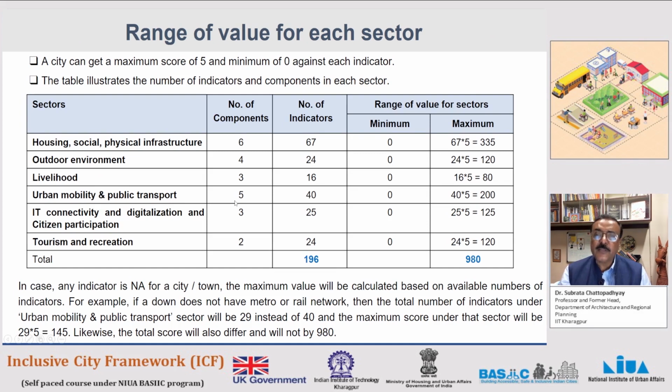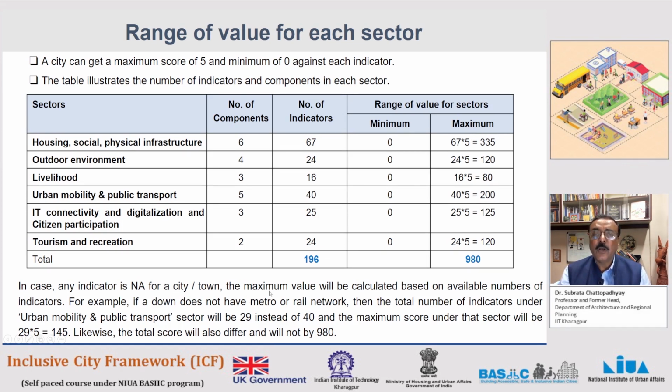So for first sector, where there are 67 indicators, the maximum score that a city can achieve is 67 cross 5, which is 335. But it might be such that certain indicators are not applicable for your city.